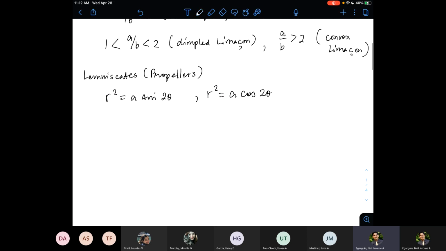So they look like this. They really look like propellers. Pardon the uneven graphs, but basically, these are how lemniscates look. That's why I would like to call them propellers instead of lemniscates.